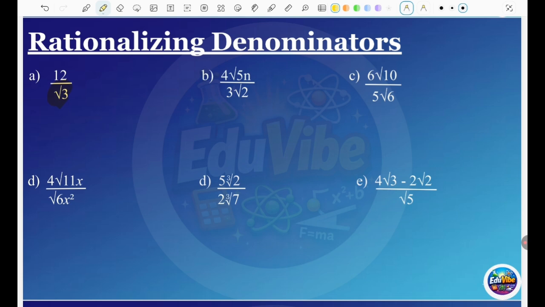So we have 12 divided by root 3, and we have to multiply. If there's a radical in the denominator, you multiply the numerator and denominator by it.